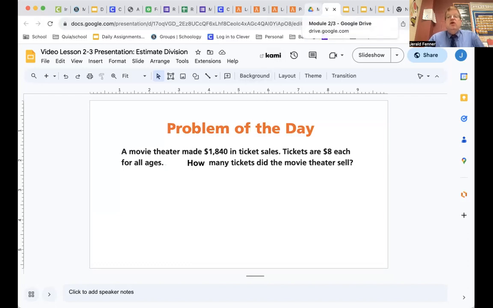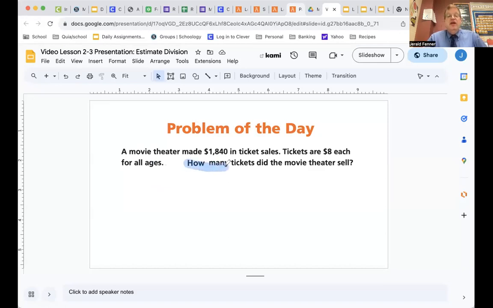So we're going to take a look at our problem here to try to figure out how we want to do our first 3 reads. Let's highlight. The first thing we want to ask is, what is the question?